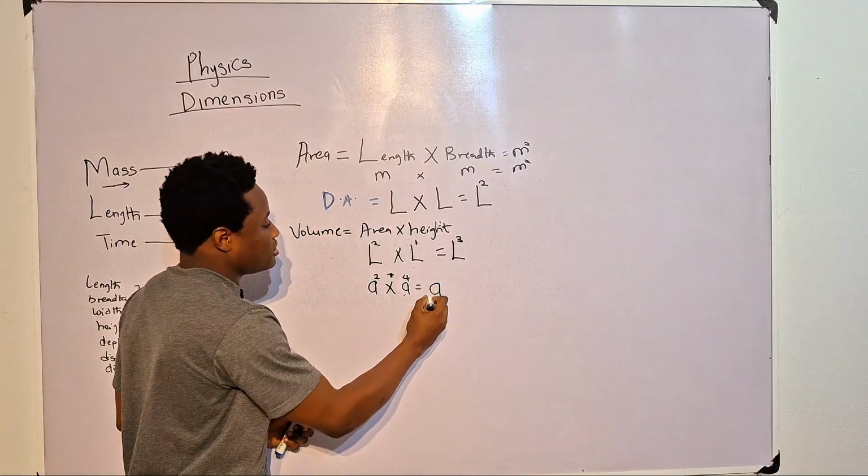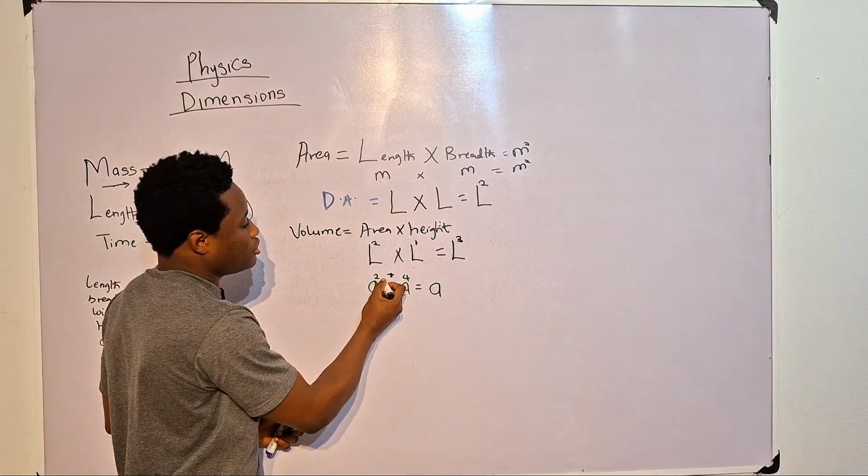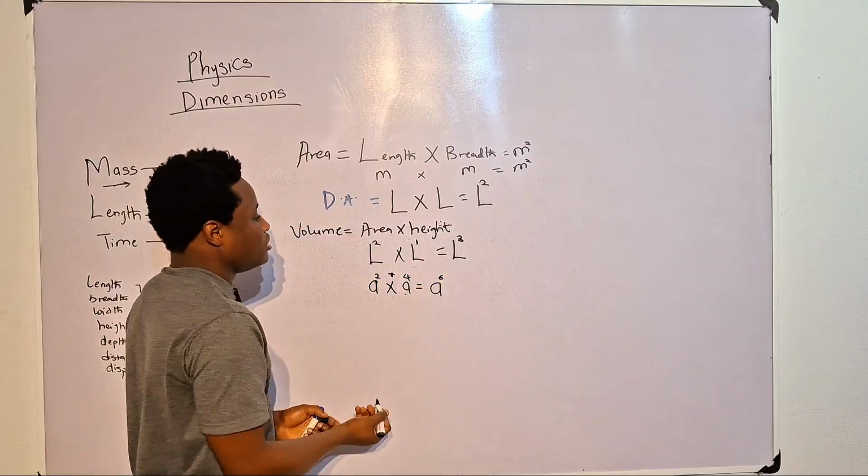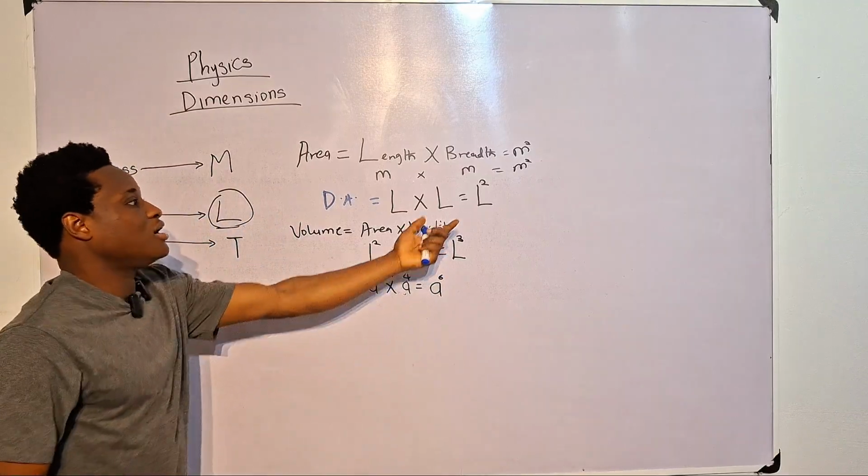So we say A raised to power 2 plus 4 will give us A raised to power 6. So that's exactly what we did here and here.